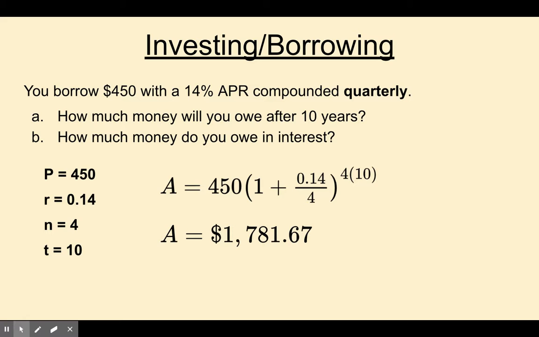If you borrow $450, in 10 years you're going to owe about $1,700. So how much did you pay in interest? $1,331.67. Over 10 years at 14%, you're going to pay triple what you owe. So be careful. One of the reasons we're doing this is that percentages sneak up on you quite a bit, and not a lot of people really understand how they work.